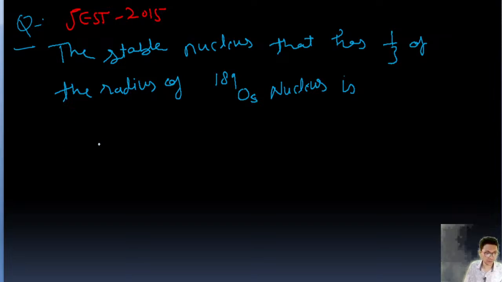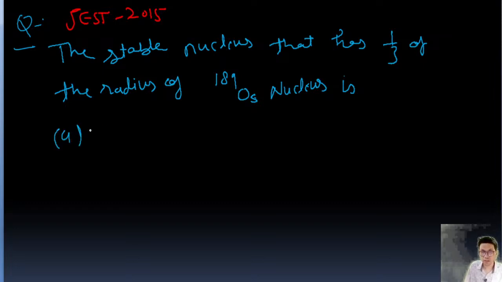That we need to find. The options are: the stable nucleus we need to find out that has 1/3 of the radius of the osmium 189 nucleus. Whose radius is 1/3 of the radius of the osmium nucleus. So options are given.